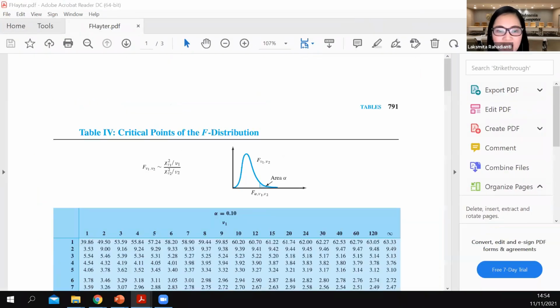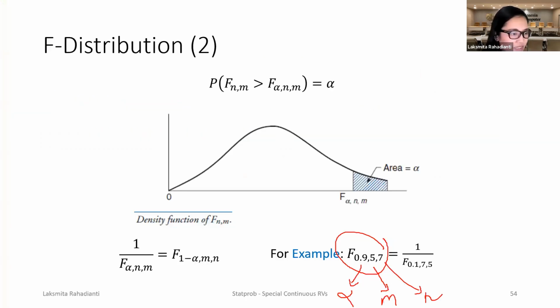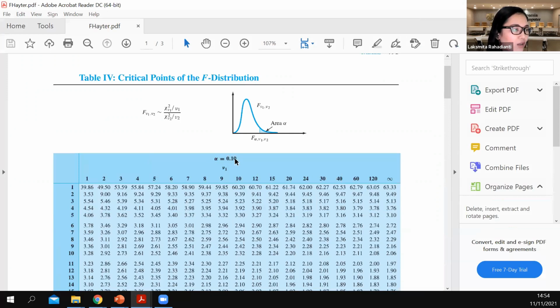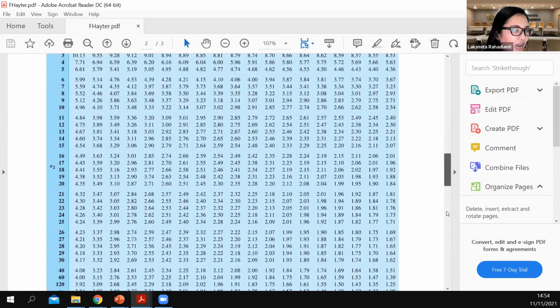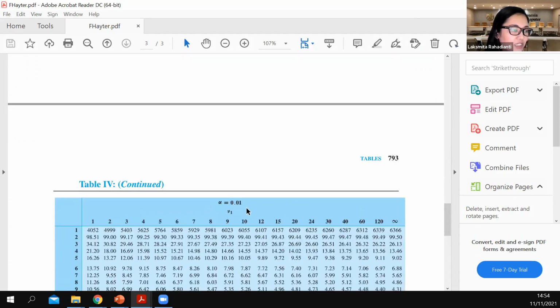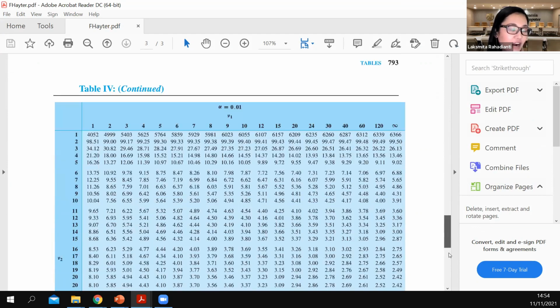So in this particular example, where it says find your alpha is 0.9 and so on and so forth, you can then look it up using your F table where different alphas are available. Here's alpha 0.1, here is alpha 0.05, and here is alpha 0.01. Note that not all alphas are available.